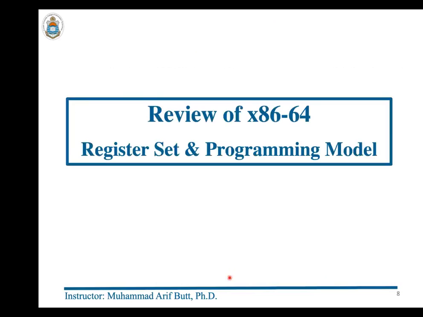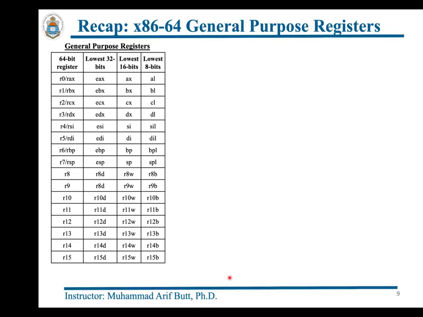Okay, before I start with our first assembly program, let me have a quick recap of x86 64 register set and the programming model, which we discussed in detail in our previous lecture, I think lecture number 28. Well, there are 16 64-bit general purpose registers named as R0, R1, R2 and so on to R15.